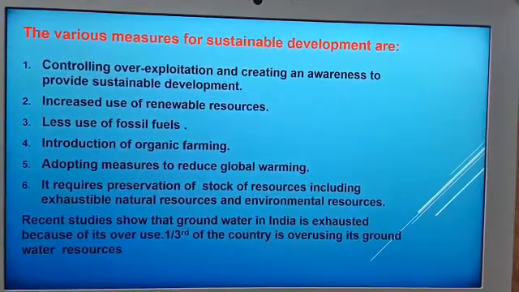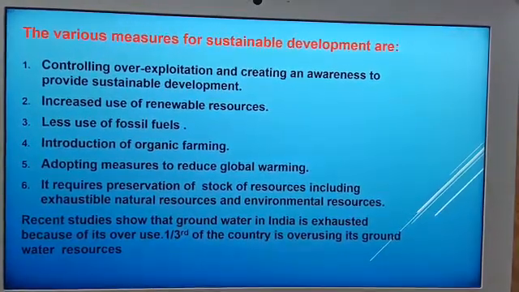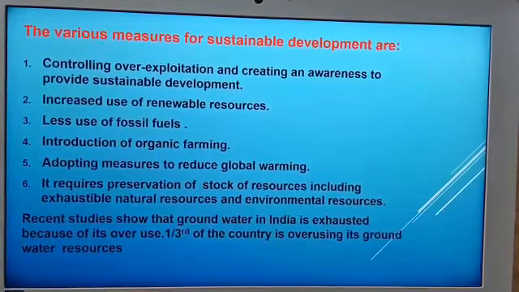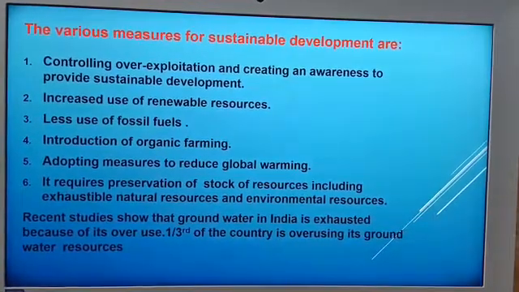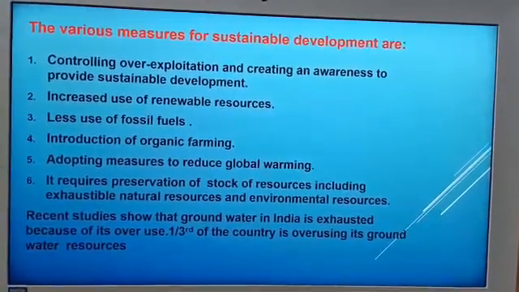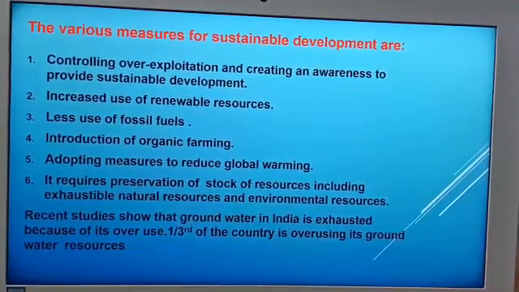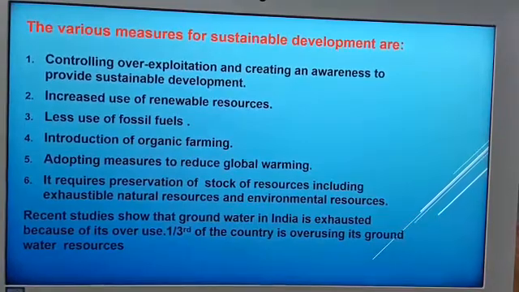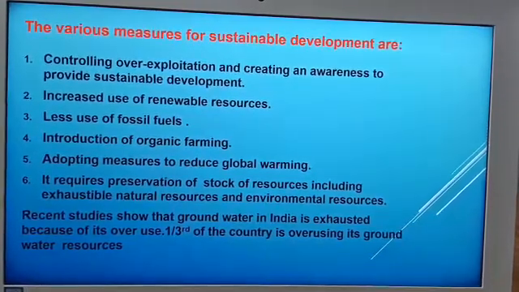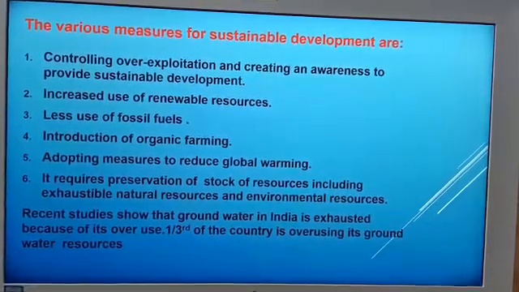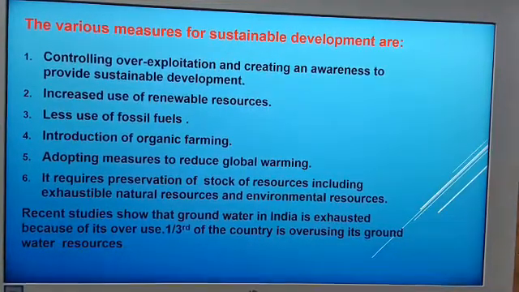Then fourth, introduction of organic farming. Fifth one, adopting measures to reduce global warming. Then last one, it requires preservation of stock of resources including exhaustible natural resources and environmental resources.